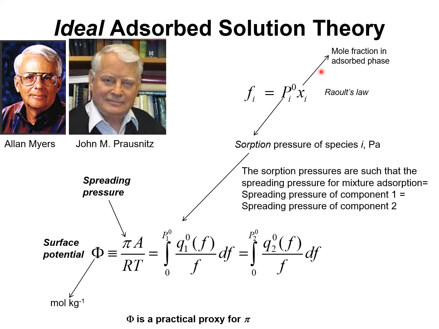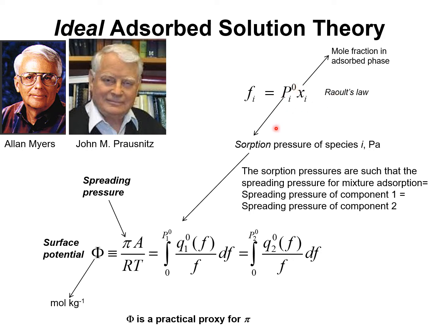In the ideal adsorbed solution theory of Myers and Prausnitz, the partial fugacity of component i in the bulk fluid phase is related to the mole fraction of component i in the adsorbed phase by an expression that is the analog of Raoult's law for vapor-liquid equilibrium.